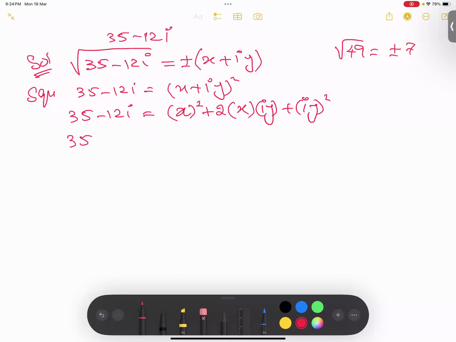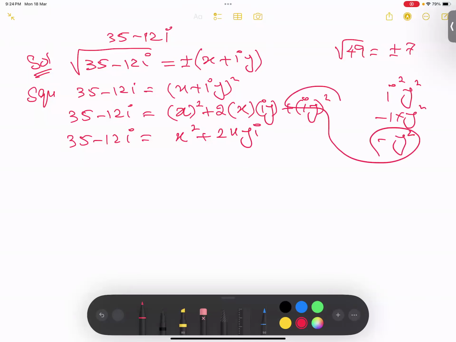So 35 minus 12 iota equals square of x, and 2xy iota, and you know it very well, square of iota is minus 1 and y square. So short story, I get negative y square from here.